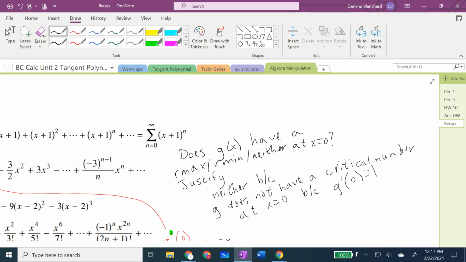And also think about the logic of it. If something is in the middle of heading up, so if my tangent line has a slope of 1, imagine the different graphs you could draw. Here's a point that it shares. If it's on its way up, then it's not at a highest, and it's certainly not at a lowest.